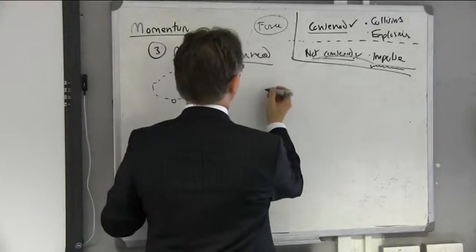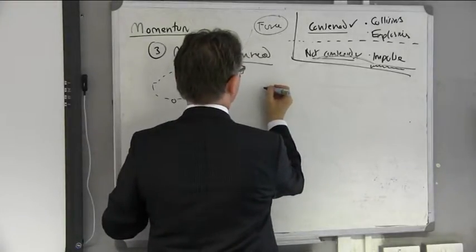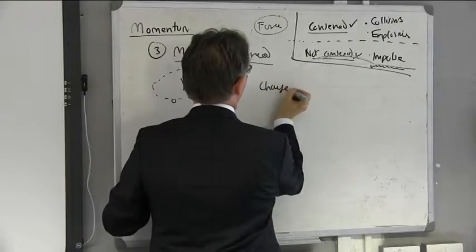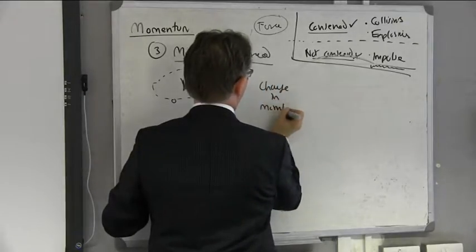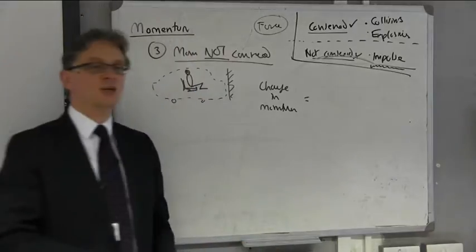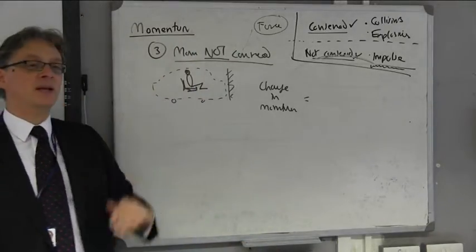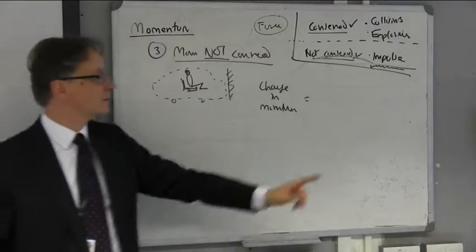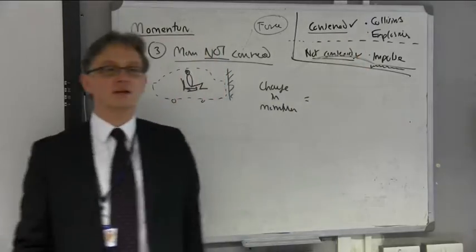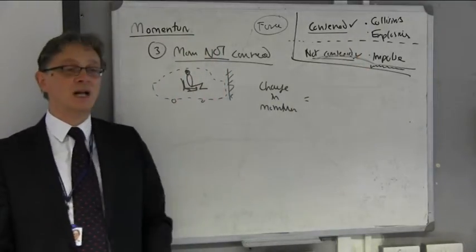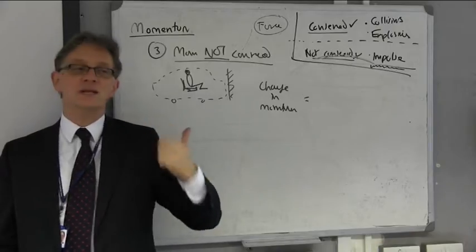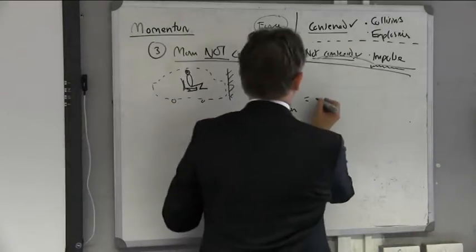And the equation for that is basically change in momentum. Now there's the first thing, look at that, change in momentum. Where did that appear in the last two? Nowhere, because in those two, momentum was conserved. You can see straight away, this is the equation for when momentum is not conserved.